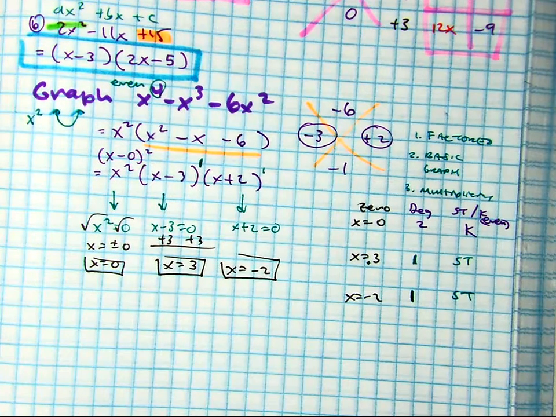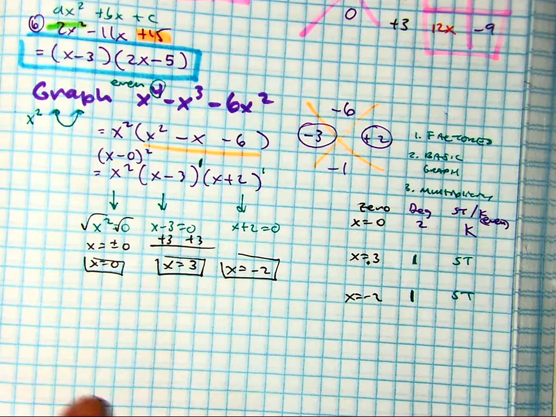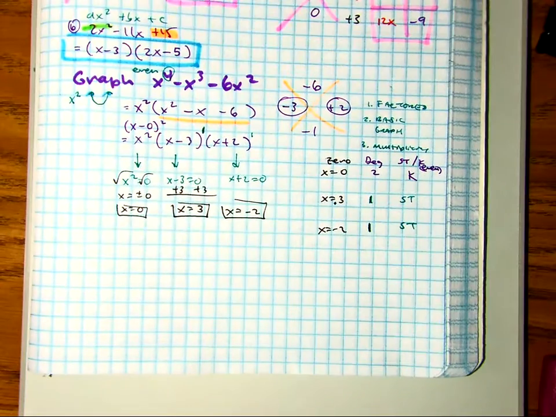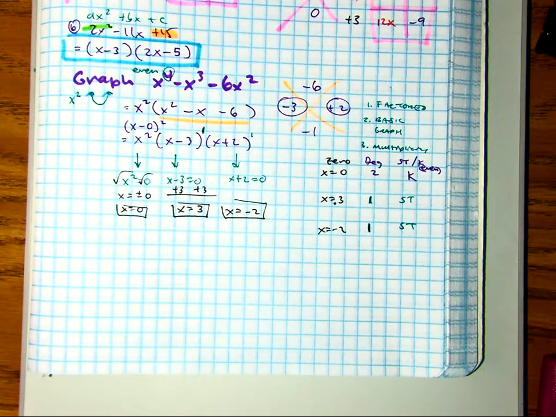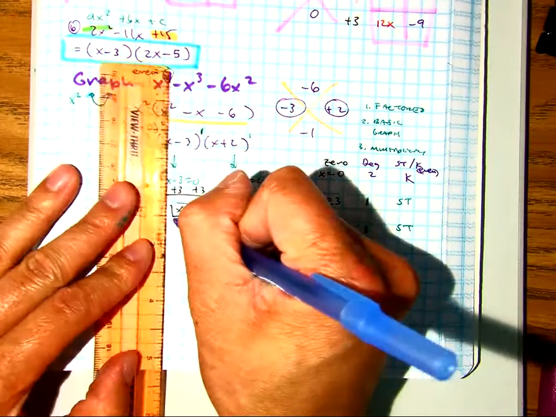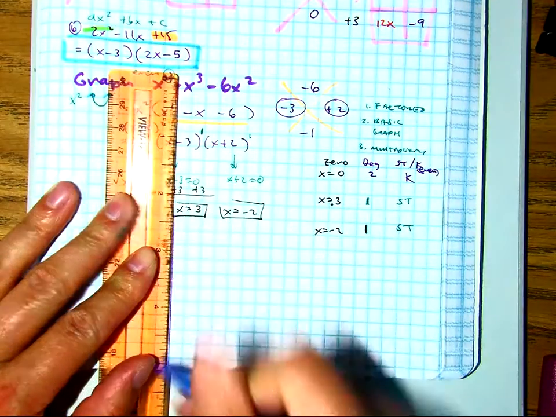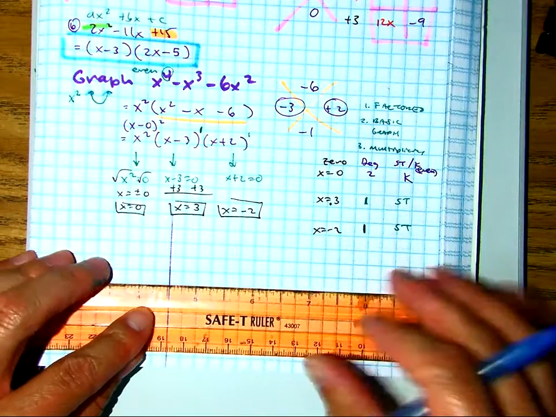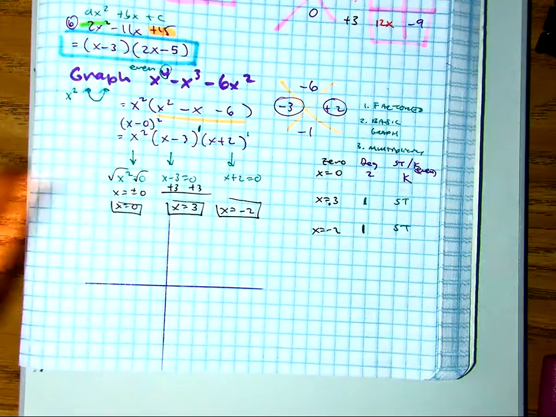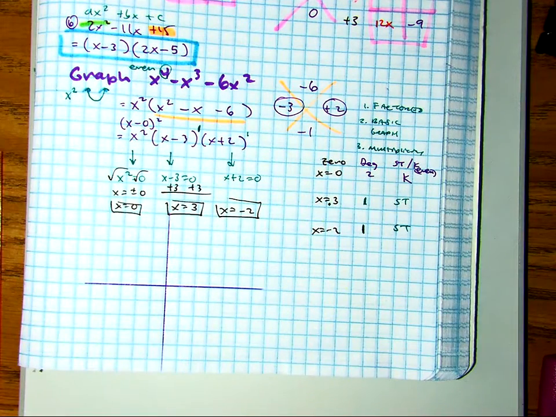Okay, let's go ahead and graph this. And this graphing part should just be a quick review. I have x equals 0.